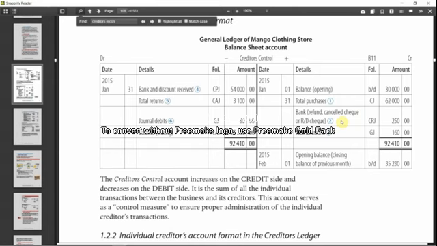But sometimes we have insufficient money in our bank account, so that check will be referred to drawer, and therefore, since we have insufficient funds, the money won't go through our bank account.